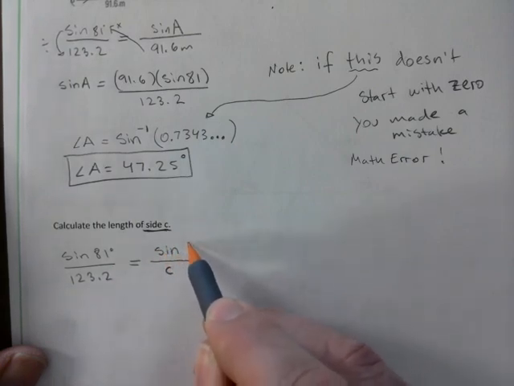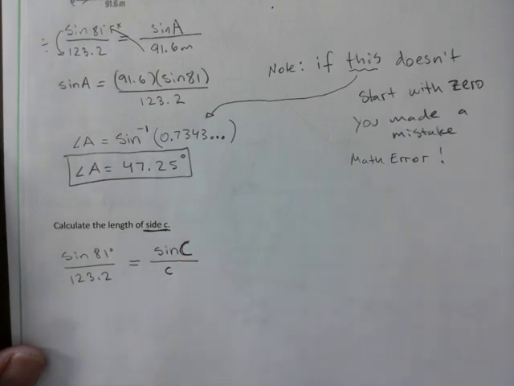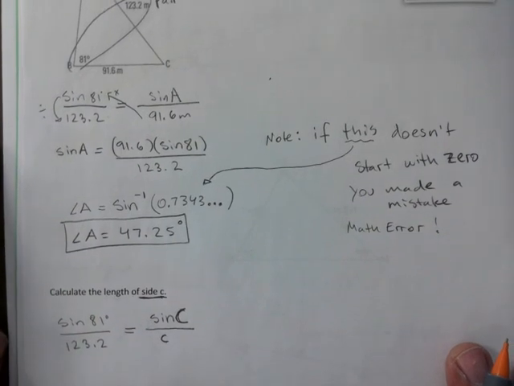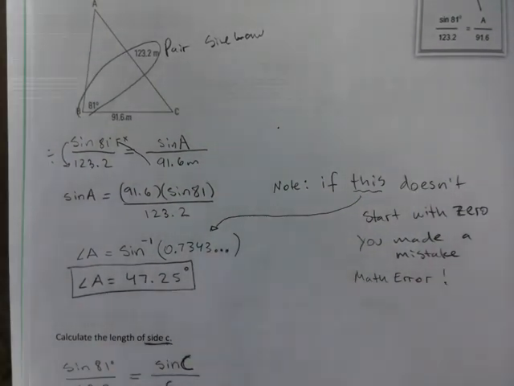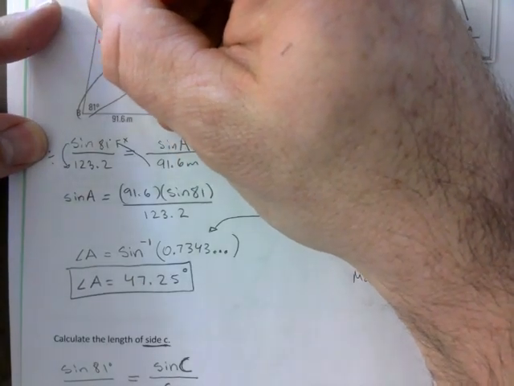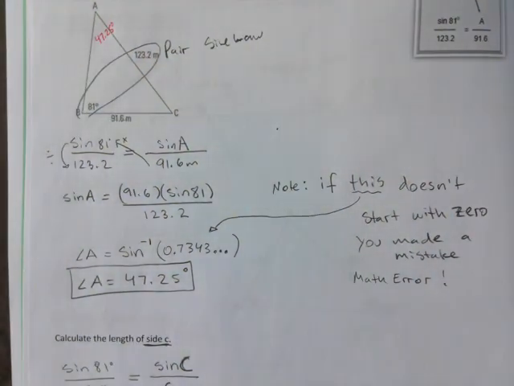Sine of angle C. I need angle C. Do I know angle C right now at this moment? Look up on your diagram. You don't know what it is. But you found this one right here, 47.25. You found that one up there.